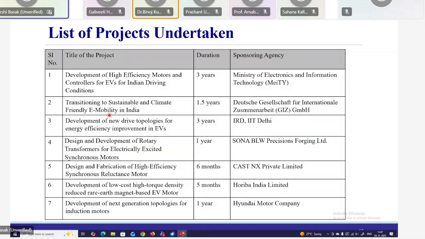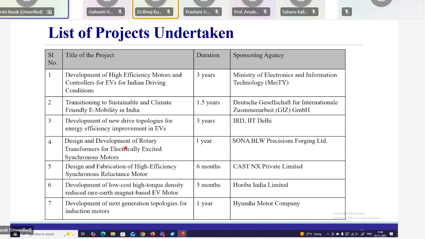Then I was one of the co-PIs in a project on the development of new drive topologies, which was funded as a startup grant from IIT Delhi itself. With the help of it we developed some initial topologies for the integrated charger, as well as some initial topologies for the induction motor drive.